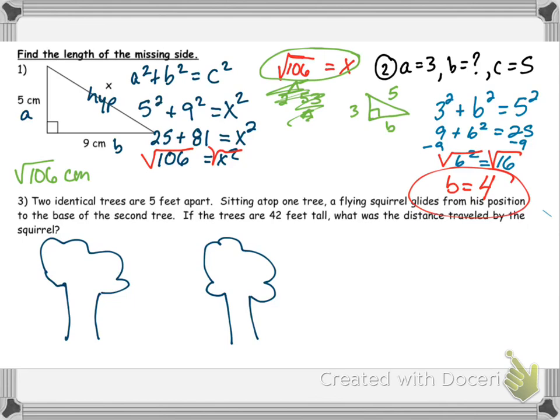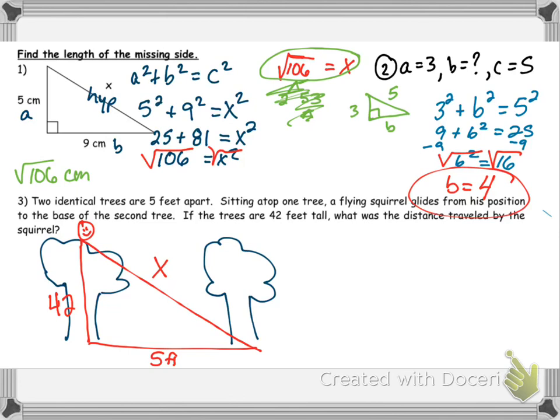And then the trees are 42 feet tall. The flying squirrel is up here, and he is going to glide down to the base of the other tree. So this is what we are trying to find. Sorry guys, I'm not even going to try to draw the squirrel with how my iPad's working today.